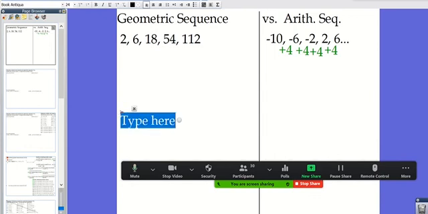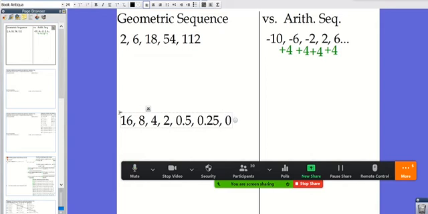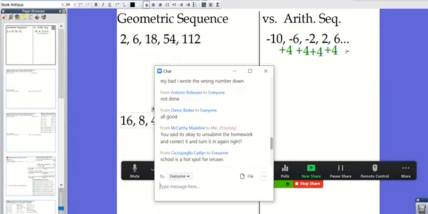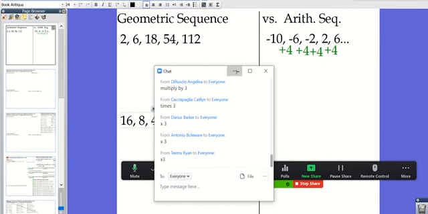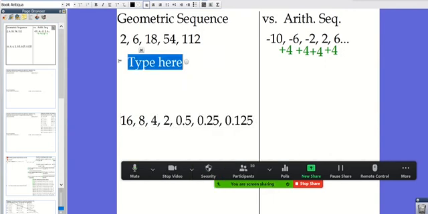Go ahead and type that in if you know. Yeah, I'm multiplying by 3. Nice job. In each case, I'm multiplying by 3.